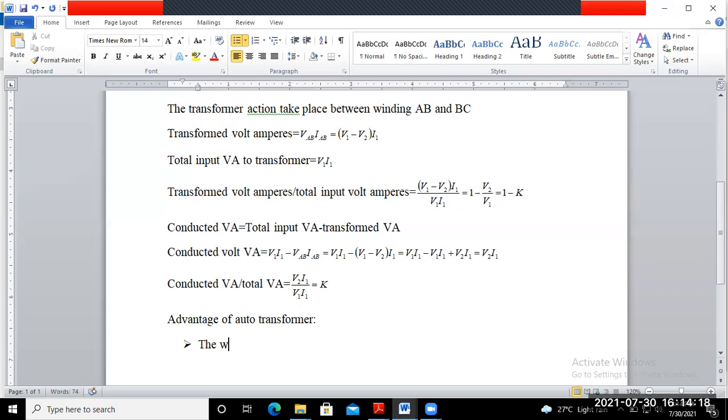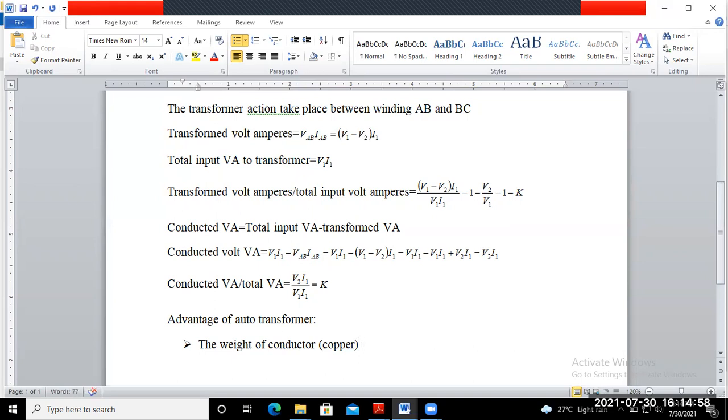The weight of conductor is directly proportional to the cross sectional area and the length of the conductor, whatever you may use as the conductor of the winding, copper or aluminum.